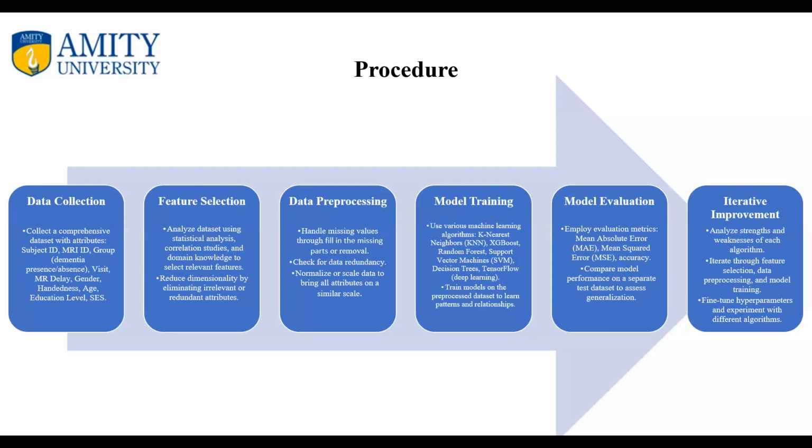Data pre-processing, fixing missing values or dropping them. Check for duplicate data, normalize data attributes for fair comparison. Model training, utilize machine learning tools, KNN, XGBoost, SVM, decision tree, TensorFlow, training the model on a proper data set to learn the pattern.